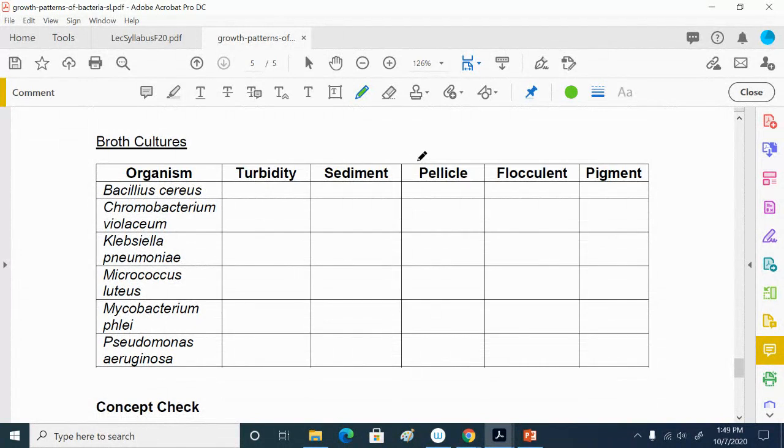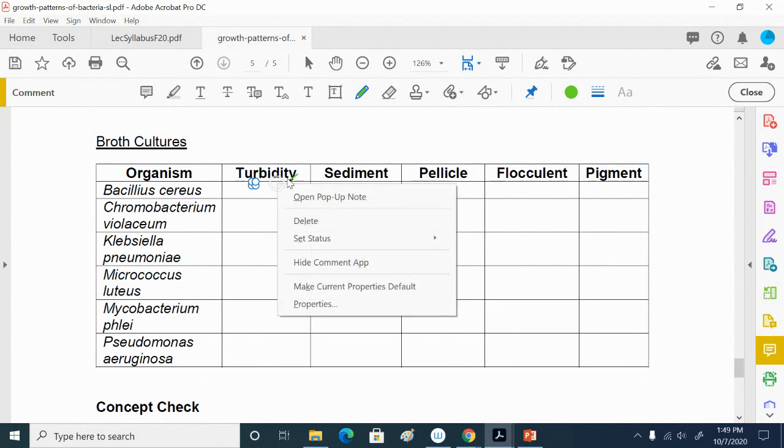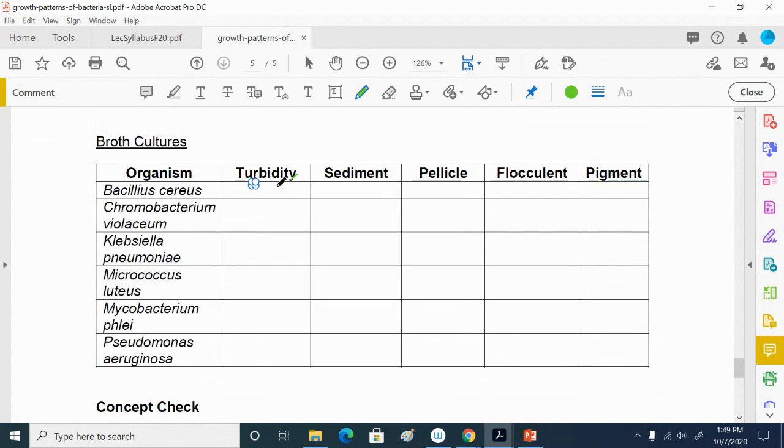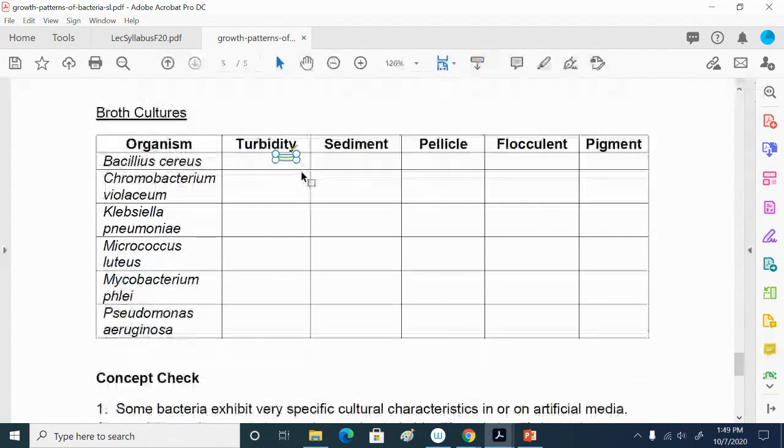So we had Bacillus cereus, but it's cloudy. That's supposed to be a check. I just need to give up with this. It's cloudy. It's not letting me draw.